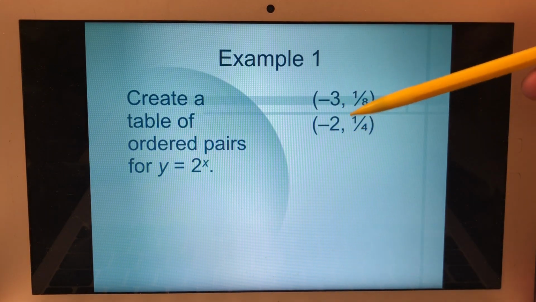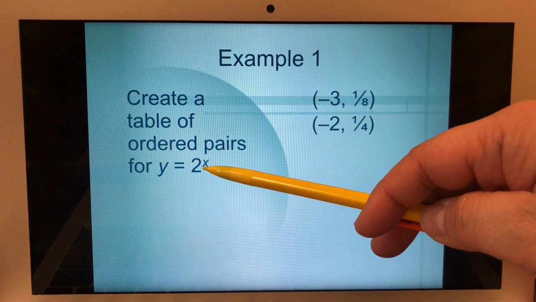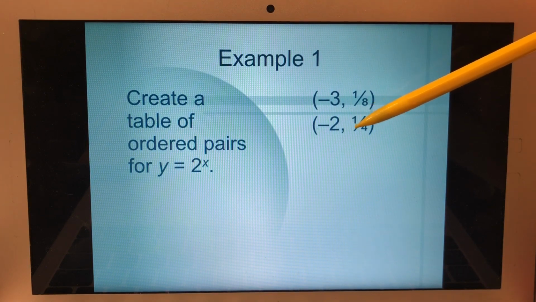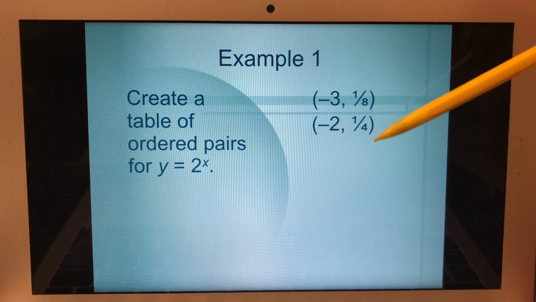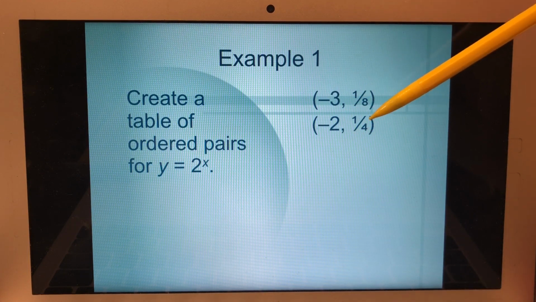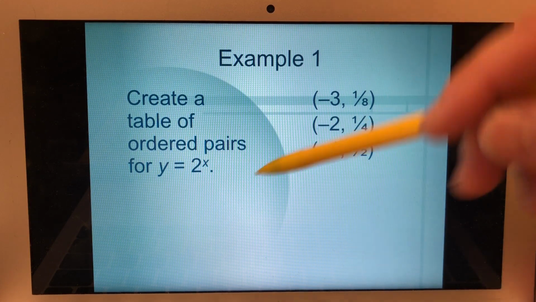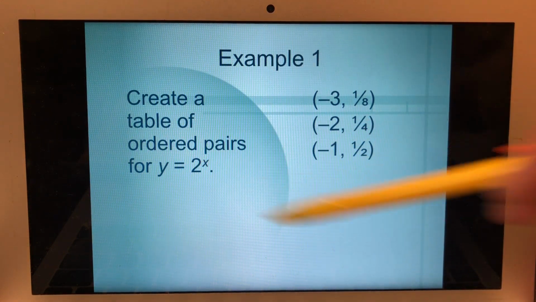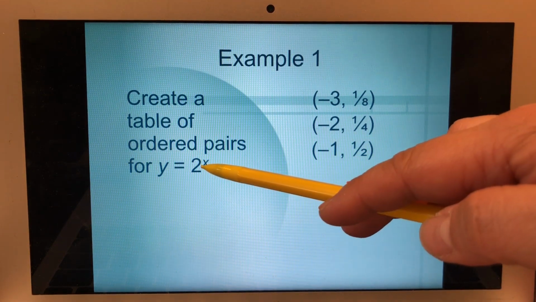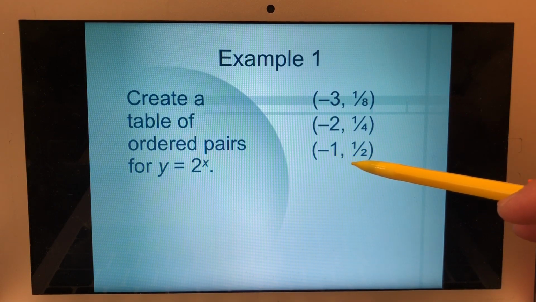Okay? If our number was negative 2, 2 to the negative 2 power, then we take that 2, find the reciprocal. That's going to be 1 over 2 to the 2 power, or 1 over 2 squared. And then that gives us 1/4. If our x is negative 1, we take the reciprocal. Okay, 2 to the negative 1st power is the reciprocal of 2.